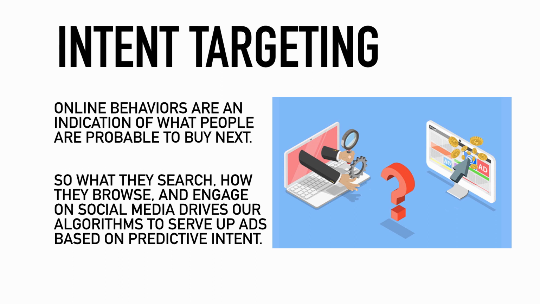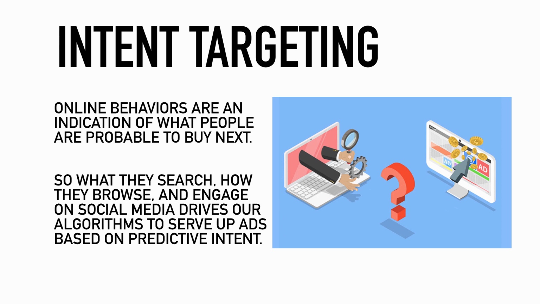So what they search and how they browse and engage on social media drives our algorithms to serve up ads based on predictive intent. Let me give you an example. If you start going to websites reading about cookie recipes and you look at 10 different articles on cookie recipes and you really start thinking about it, maybe you watch a video on cookie recipes, the next thing you're going to see is Whole Foods running an ad to you telling you about their great 12-pack of organic cookies that they have for you.